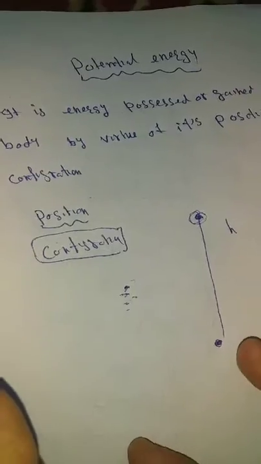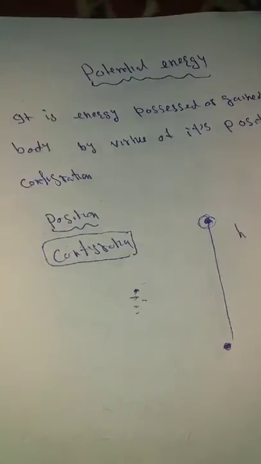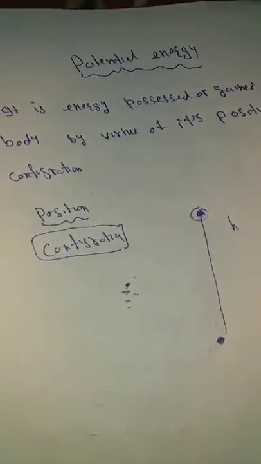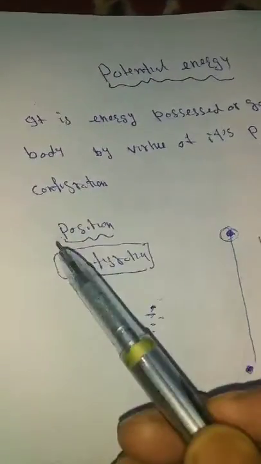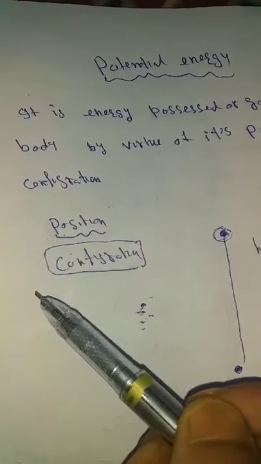That means energy is stored by changing the configuration of the molecules. I hope you have got it. This is the energy possessed by a body due to its position and configuration.